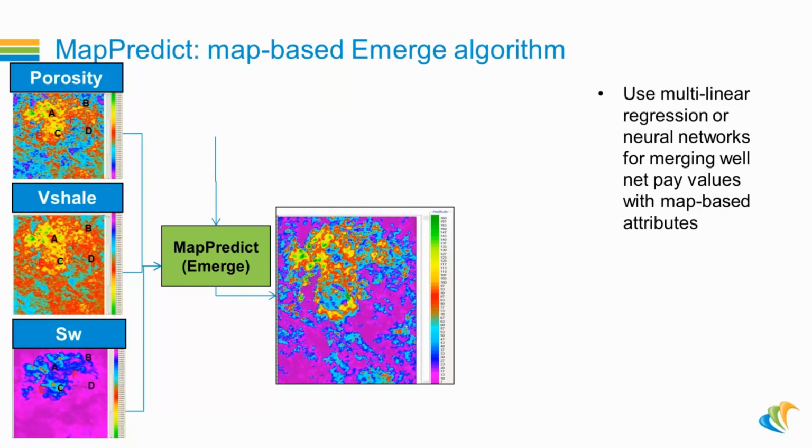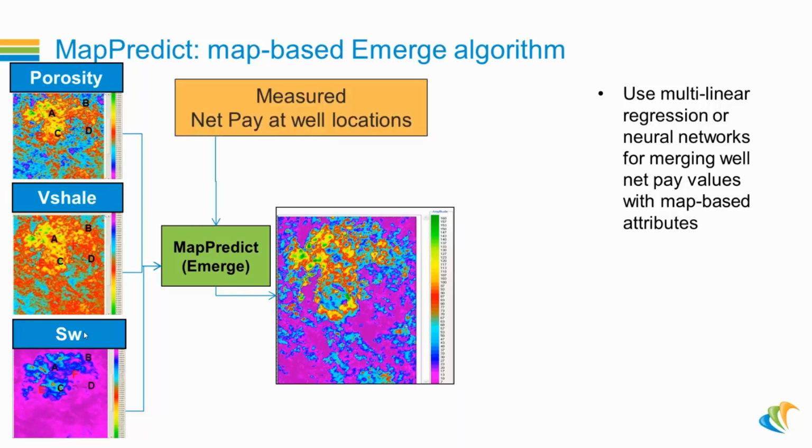MapPredict also has the Emerge algorithm. It has kriging, co-kriging, conventional and traditional, and collocated co-kriging techniques. But we start with the Emerge algorithm that will combine porosity, V-shale, water saturation maps and net pay values at the well location and will predict the map.